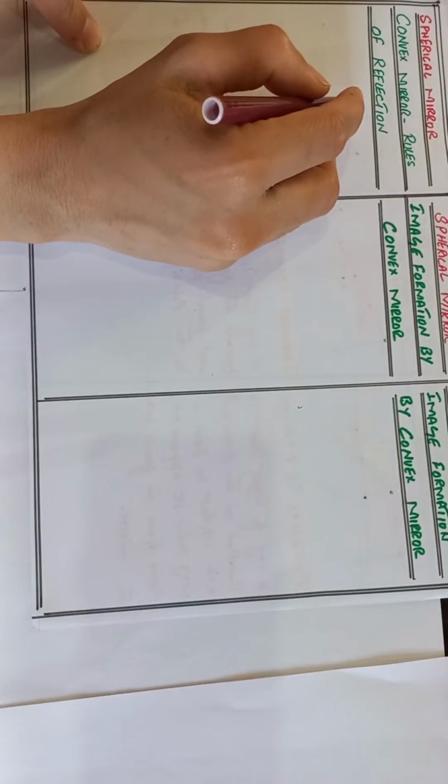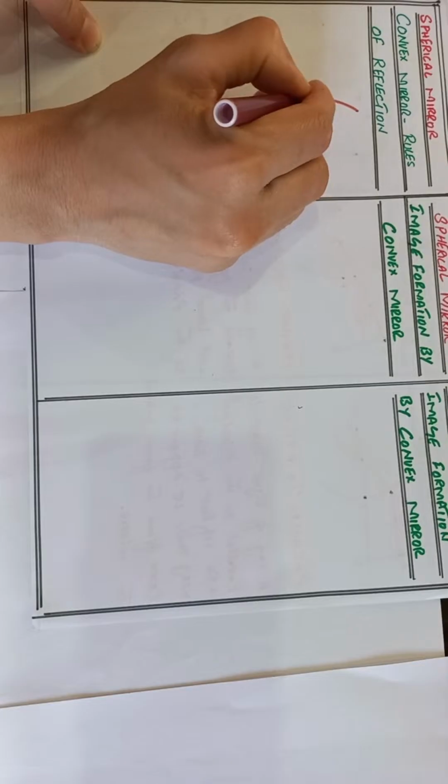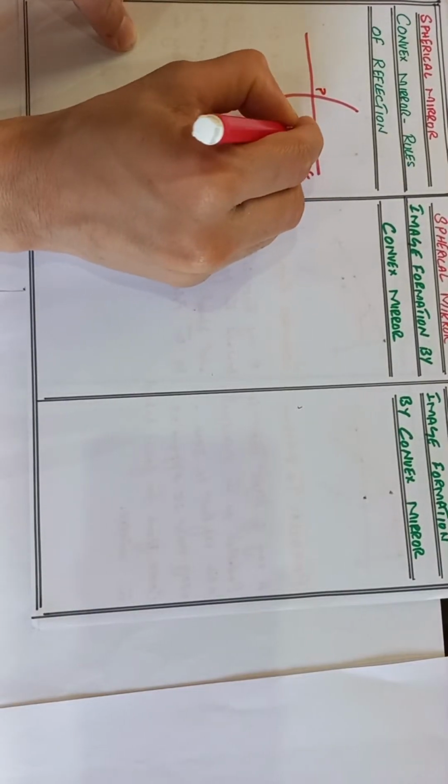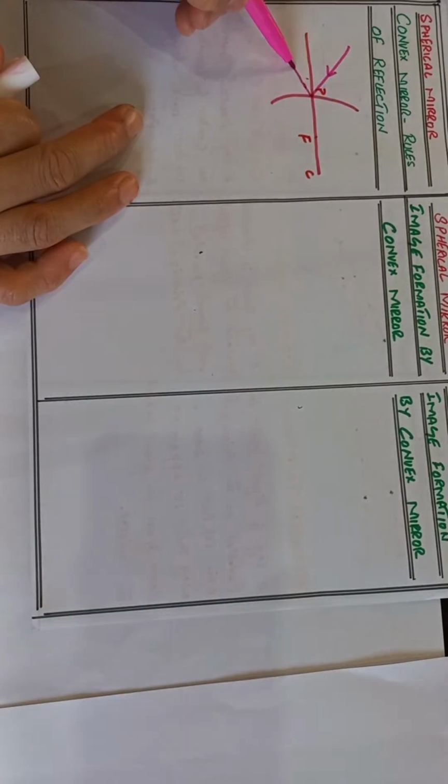When the ray hits the pole of the convex mirror, this is the convex mirror. This is the pole, this is the center of curvature, and this is the focus of the convex mirror. When a ray hits the pole of the convex mirror, it reflects by the law of reflection in such a way that the angle of incidence is equal to the angle of reflection.